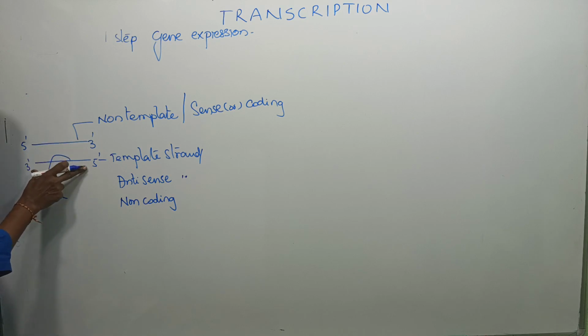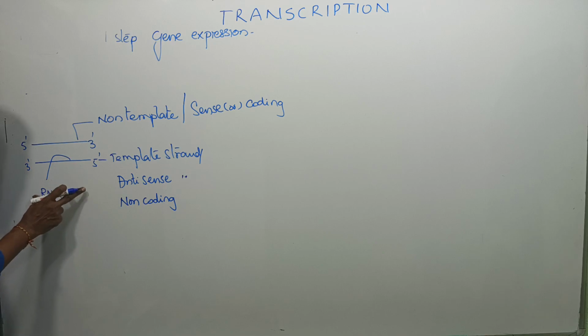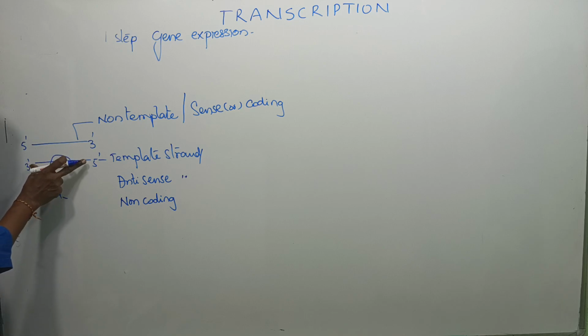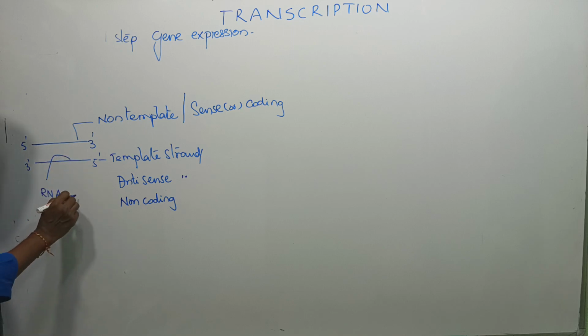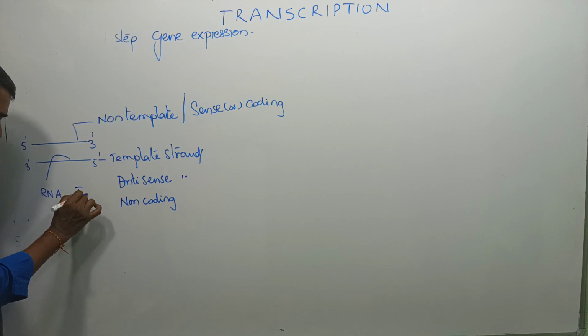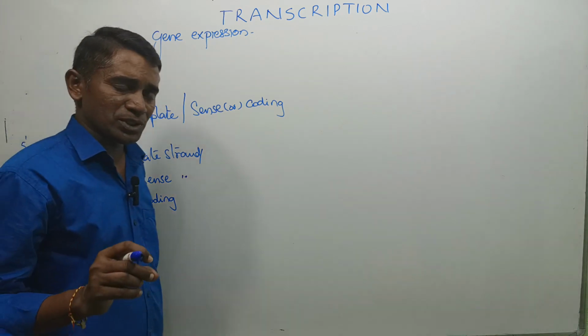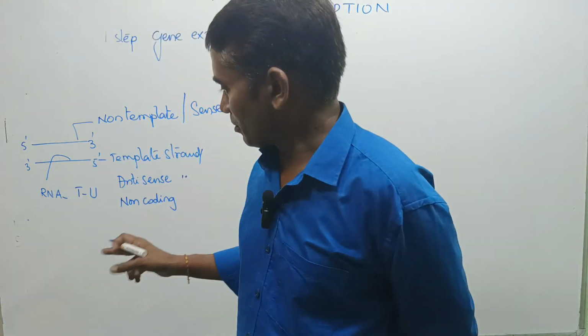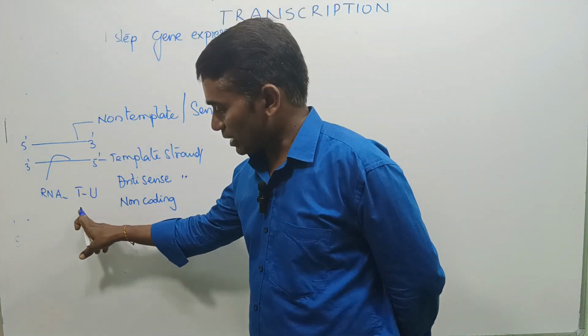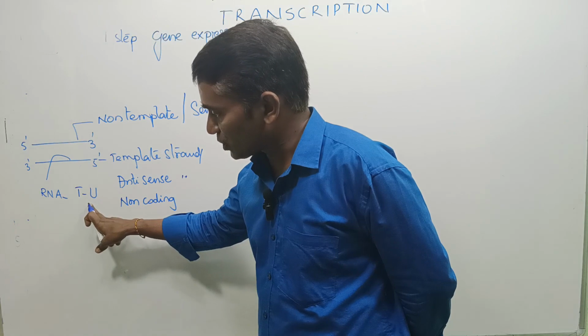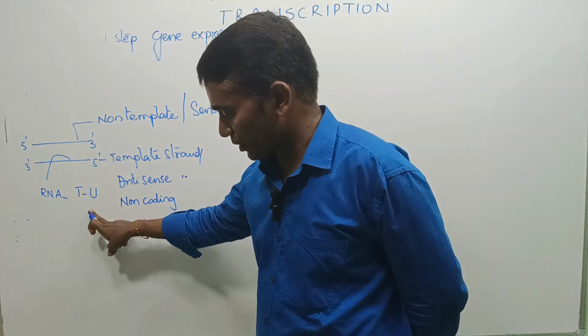On the basis of the DNA sequence present in the template strand, a complementary strand would be synthesized. That complementary strand differs only in that in place of thymine, uracil is incorporated. The difference is, in place of thymine, uracil is usually present in RNA molecules.